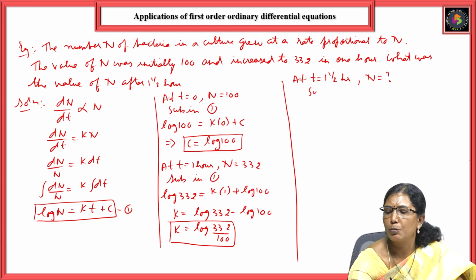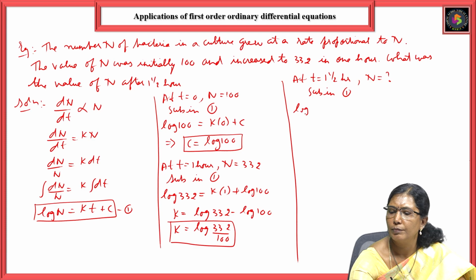Substituting in 1, log n is equal to kt plus c. What is k? Log 332 by 100. The time 1 and a half is nothing but 3 by 2.